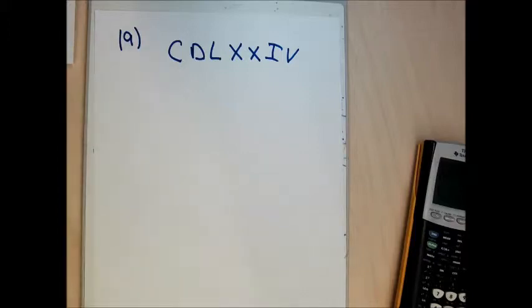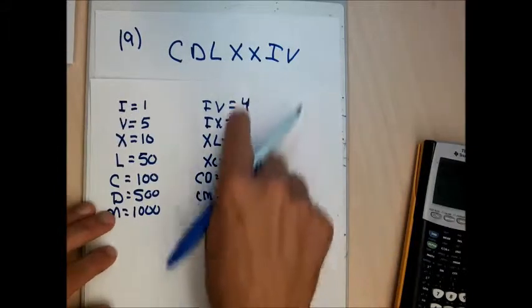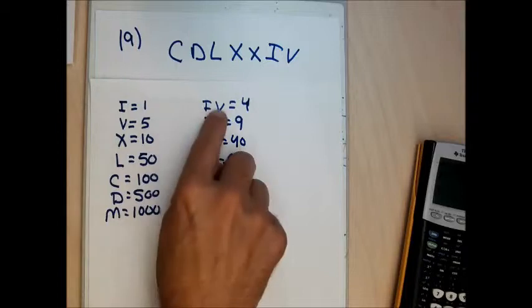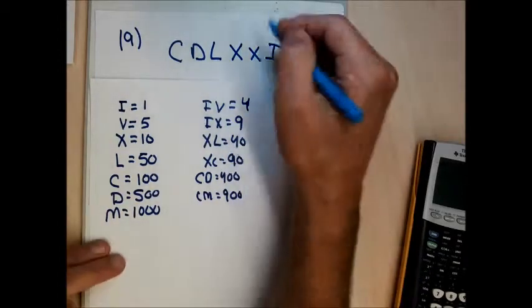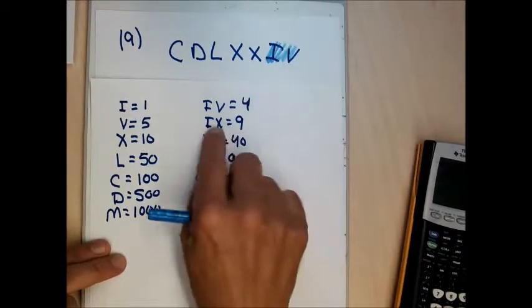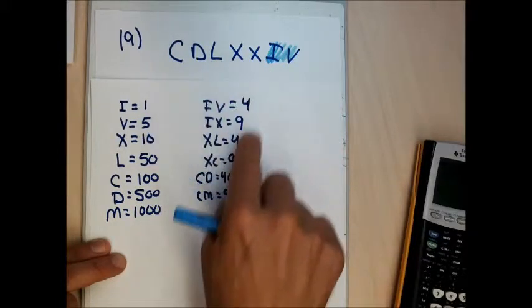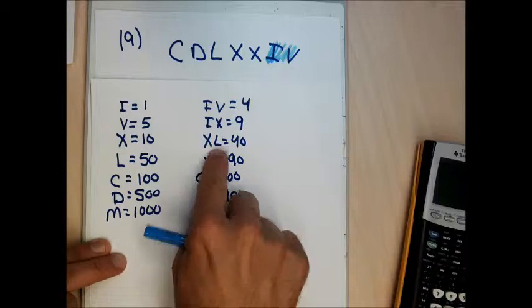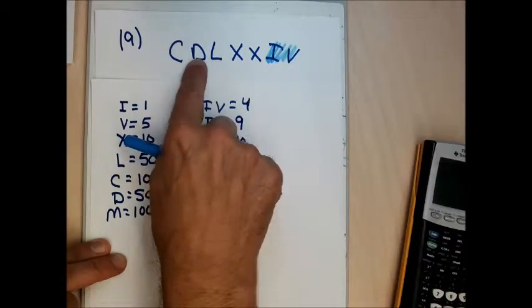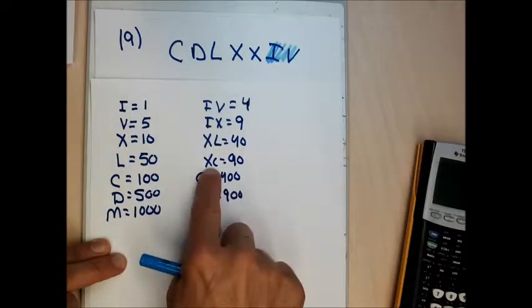And so immediately I go to my list and I look for my 4s and my 9s. I ask myself, is there an I before a V? Yes, I'm going to keep those together. Is there an I before an X? Well, there are 2 X's, but there are no I's before them, so I'm not worried about it. Is there an X before an L? Well, there's an L, there's no X before it. Is there an X before a C?